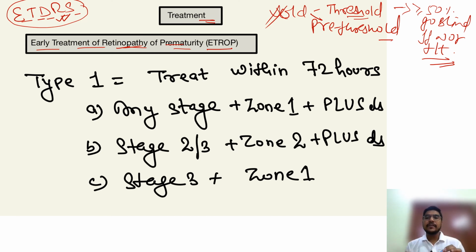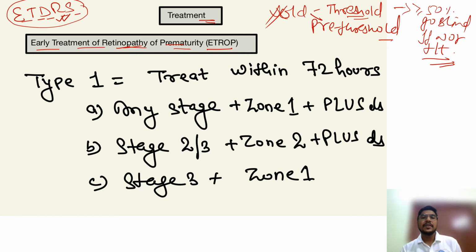Basically, for convenience, remember, if there is plus disease, it will always come under type 1. And if there is stage 3 zone 1, even without plus disease, it will come under type 1. Just remember two things: if there is plus disease, it is type 1; if there is no plus disease but stage 3 in zone 1, it is type 1.